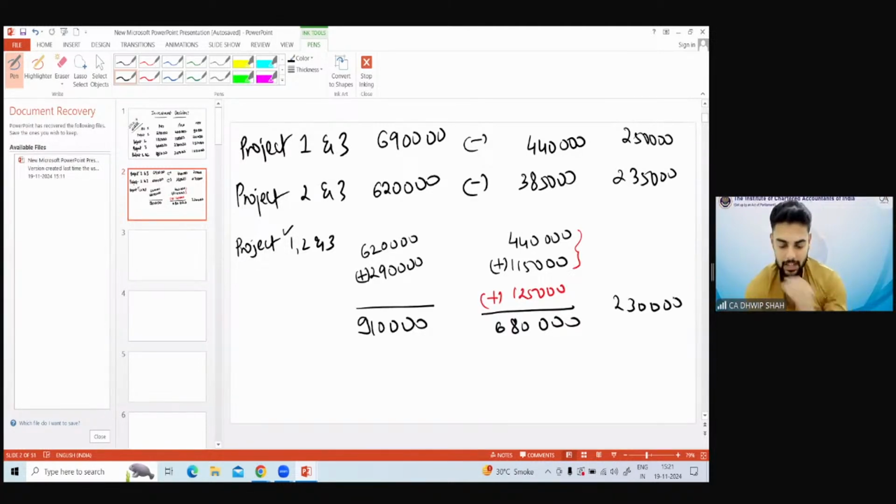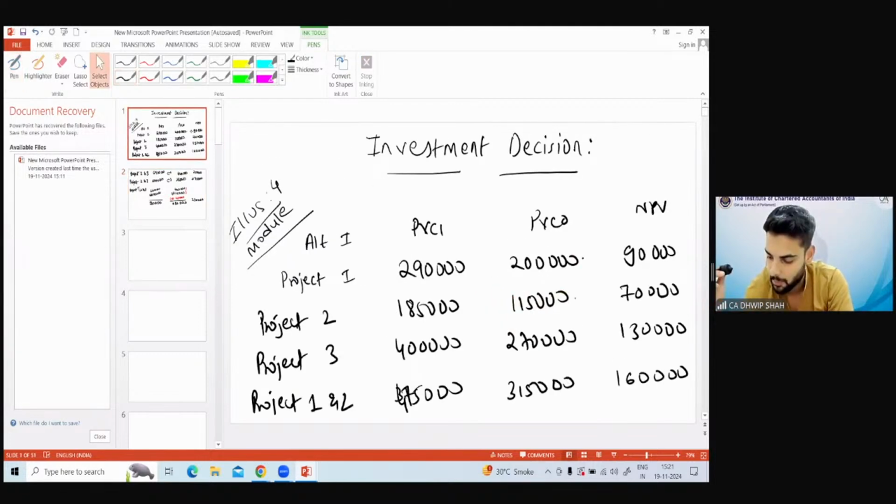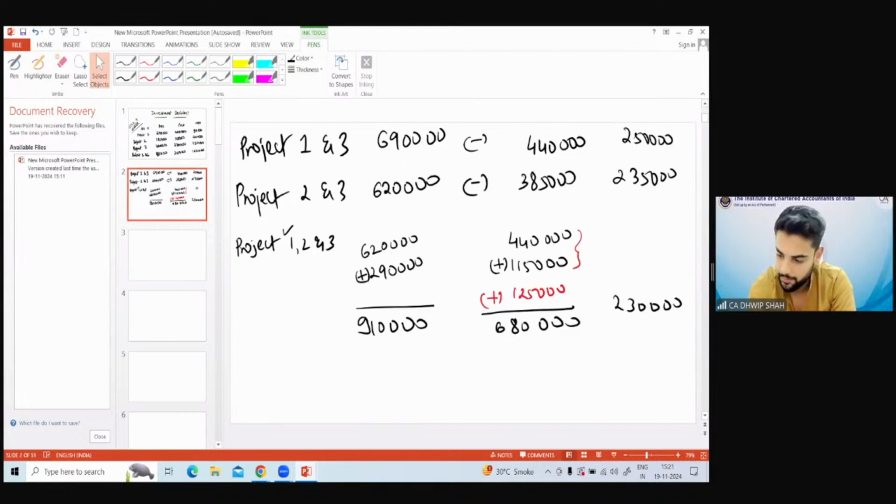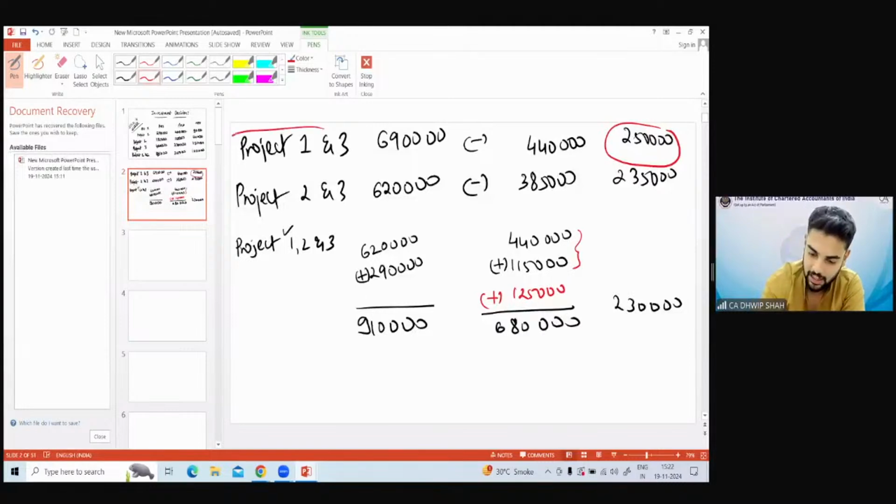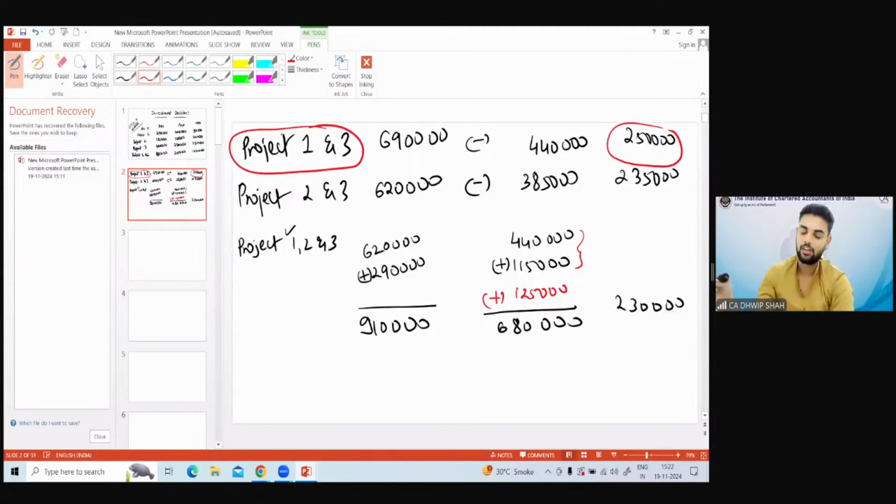So which project or which combination generates highest NPV? See, 90, 70, 130, 160, 250, project 1 and 3. So this combination generates highest NPV. So we should take project 1 and 3 together. Yes, correct.